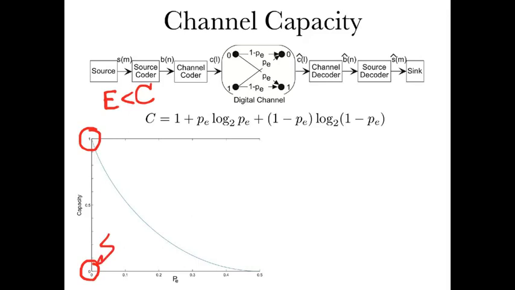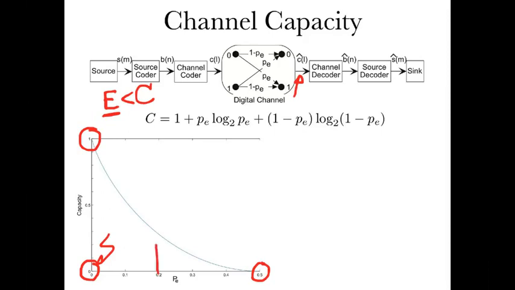On the other hand, the other extreme, when PE is a half, that means the channel is randomly flipping the bits, and it's total chaos basically coming out of the channel, and there is no error correcting code because you cannot send things through. The efficiency has to be 0, and why bother?